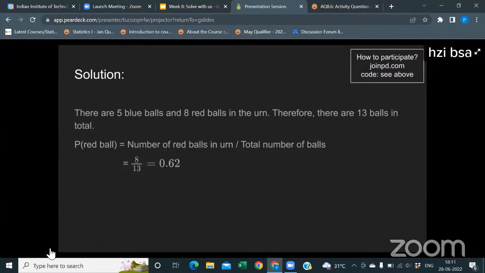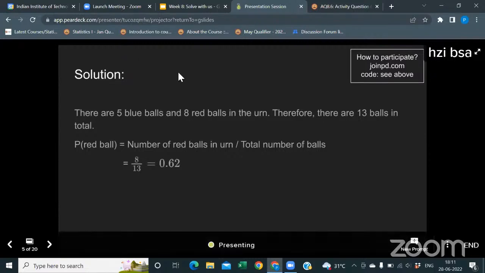So it's nothing but 8 by 13, which will be 0.62. Is it clear for everyone? Yes, sir. So we can move to the next slide.